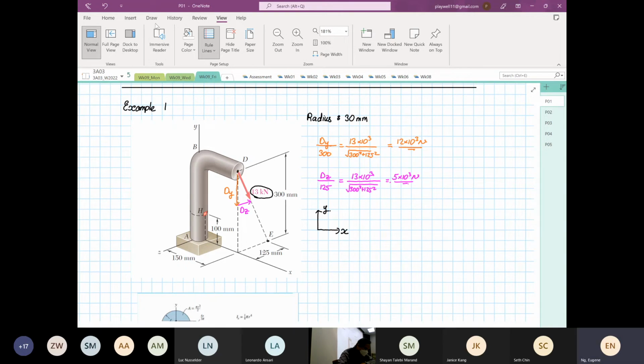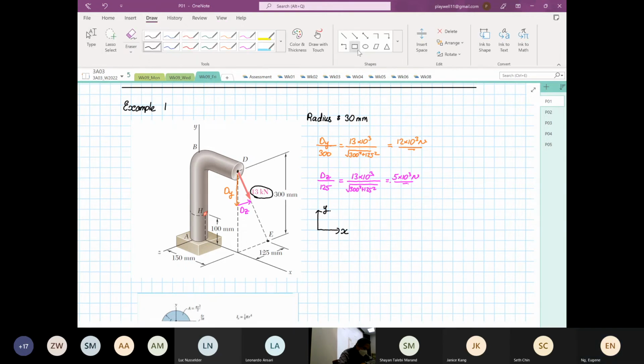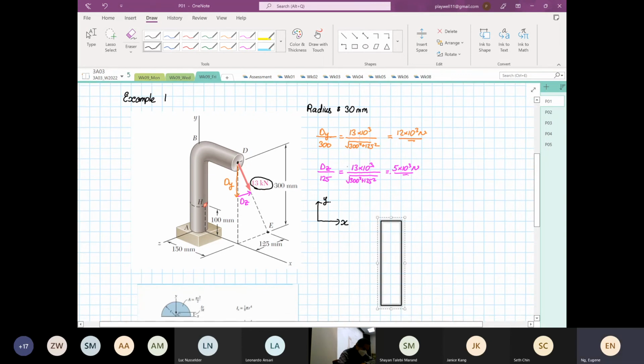From here, we'll draw our structure, just a sketch. So this is how our structure will look like.